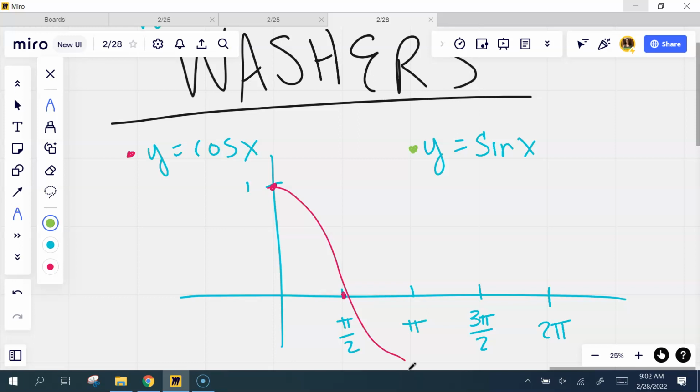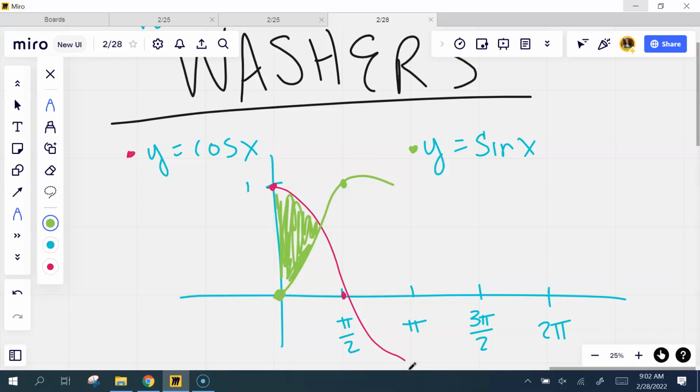Sine x, the sine of 0 is 0, and then I jump up, so this one does something like that. So the point that I'm getting to is I'm looking at this area right here. Everybody good on what we're looking at?